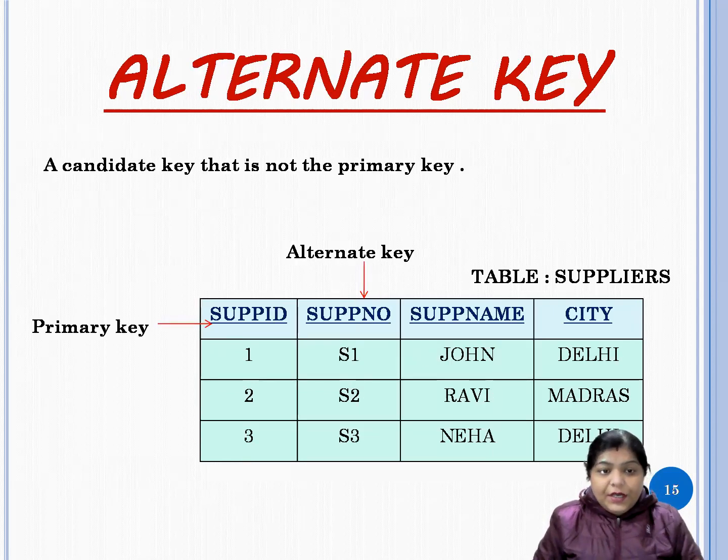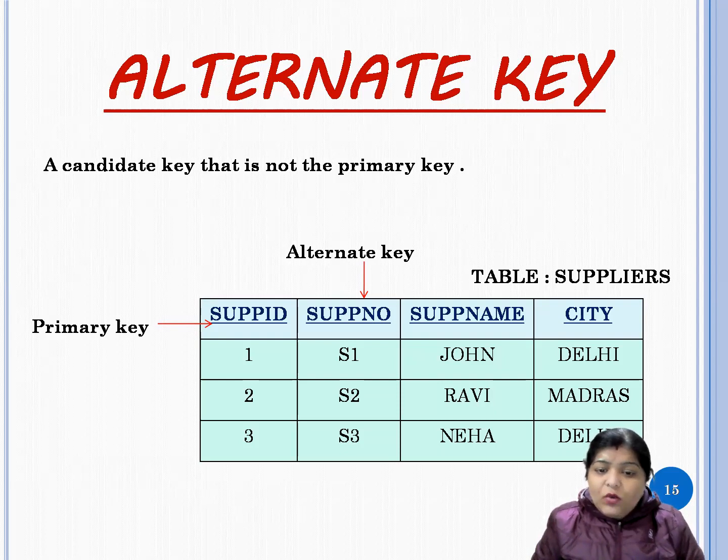Next is alternate key. A candidate key that is not a primary key is called the alternate key. For now, here we treat supply ID as the primary key. But here supply number is also a unique one. It can be treated as a primary key also, but we are not treating it as a primary key. So in that case, it is treated as an alternate key.